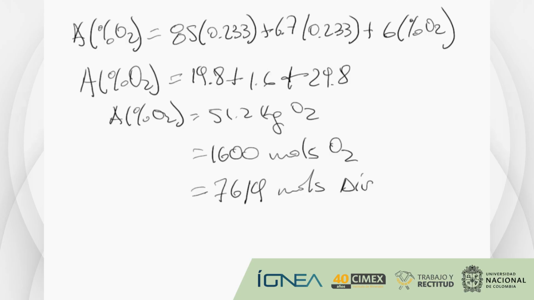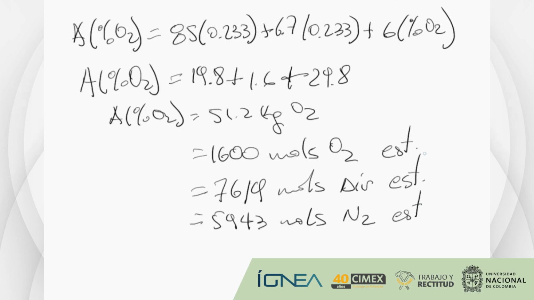Okay, this is the stoichiometrical. And of course the 79% of this number is 5,543 moles of nitrogen. This is the stoichiometric.